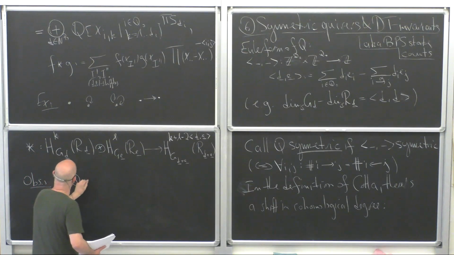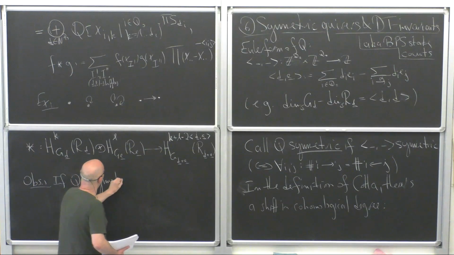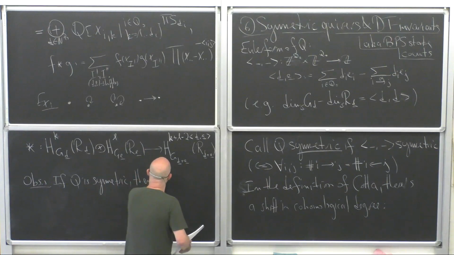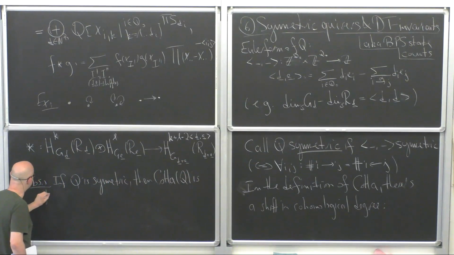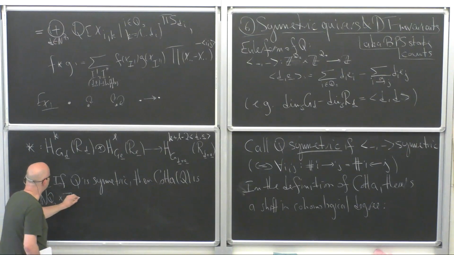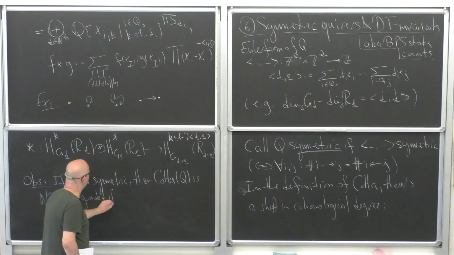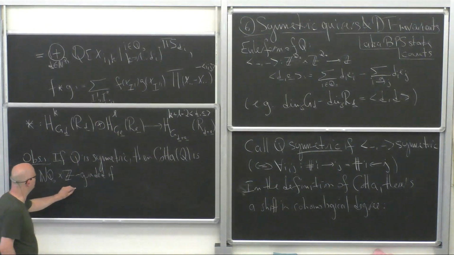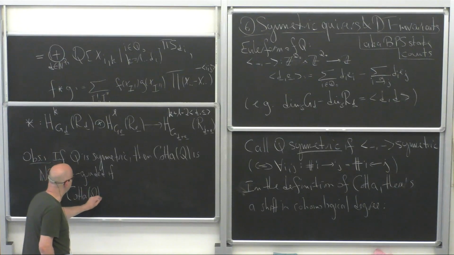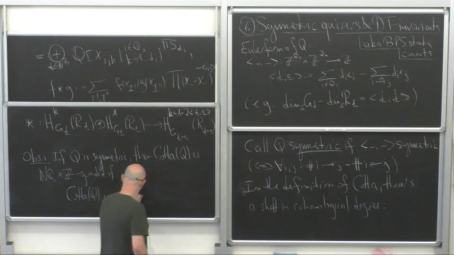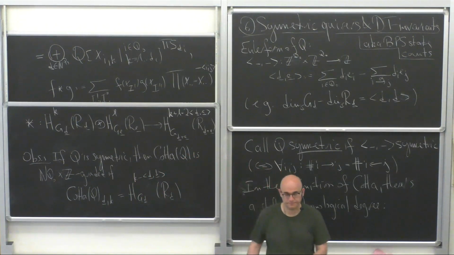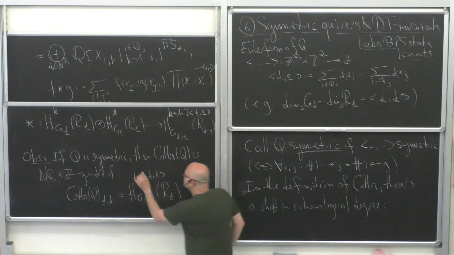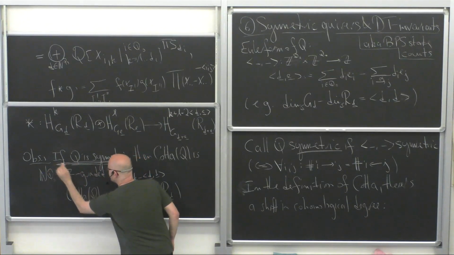If Q is symmetric, then the CoHA of Q is not only graded by the dimension vector in N^{Q_0}, but also by cohomological degree, if you define, and now comes the central definition, the CoHA of Q in degree (d, k) as the G_d-equivariant cohomology of R_d, but now in degree k minus the Euler form (d, d).